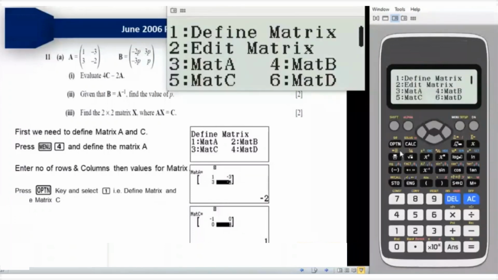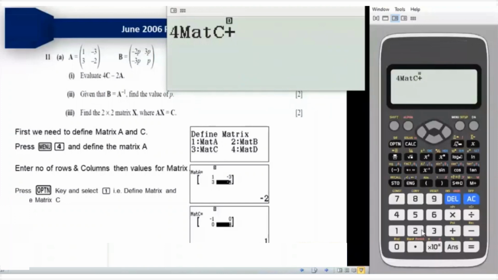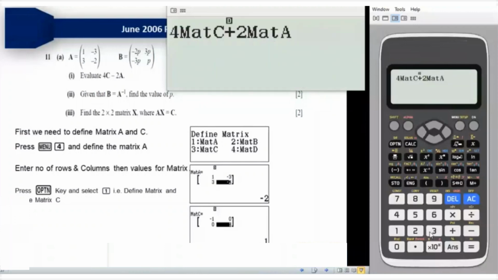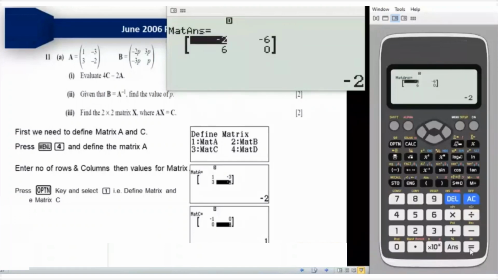Please realize option 5 is matrix C, minus 2A, 2, and option 3 is matrix A. So 4 times matrix C minus 2 times matrix A is equal to minus 2, minus 6, 6, and 0. I hope this is clear.